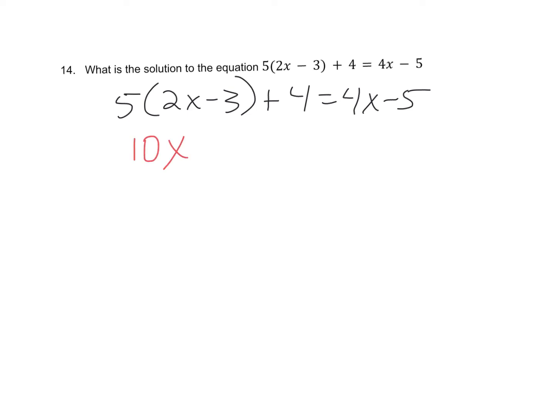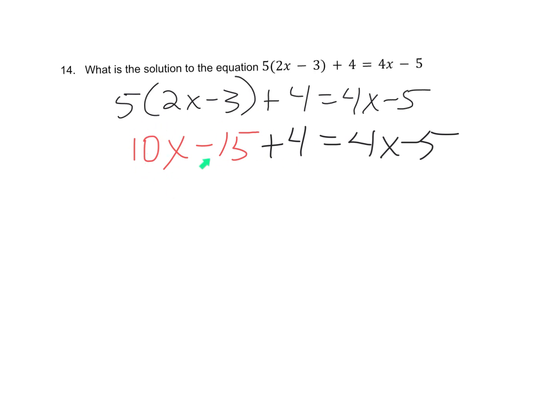And then the 5 times negative 3 is going to be minus 15. And then we have the rest of our equation, plus 4 equals 4x minus 5. All right. Well, now we have some different options here. The first thing we want to consider is that we're going to need to get our variables together.